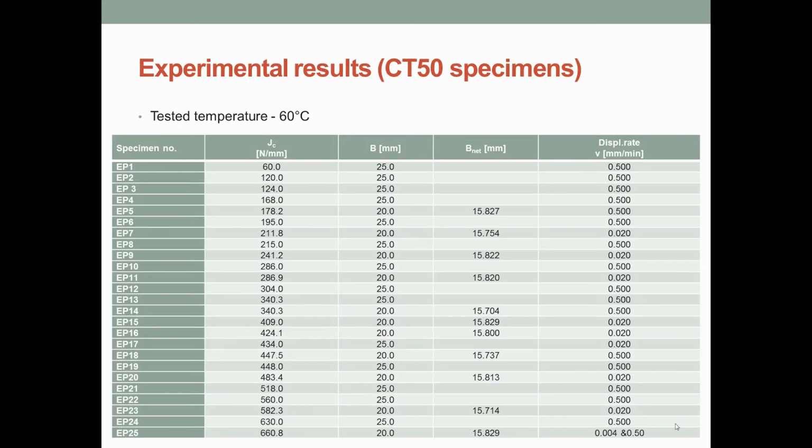Now on the slide you can see the experimental results for CT50 specimens. As you can see, the JC values are pretty scattered. The JC values go from 60 up to 660 Newton per millimeter.